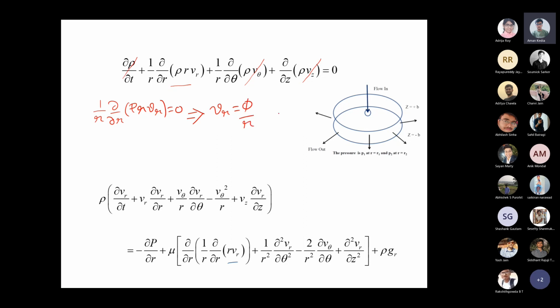And if you recall your previous classes, you could probably tell me something about phi. Would you be able to tell me what this phi would be? Look at the problem. Think about the functional dependence of vr, and then tell me something about phi, the constant of integration.